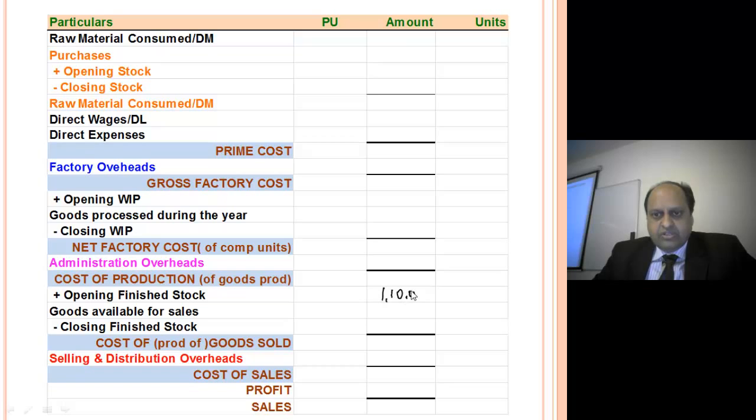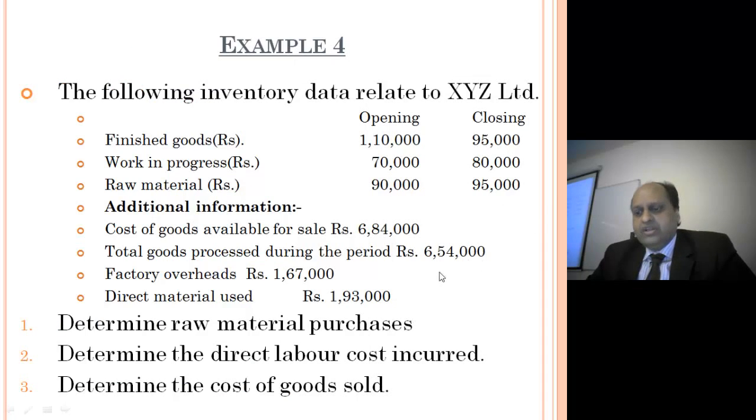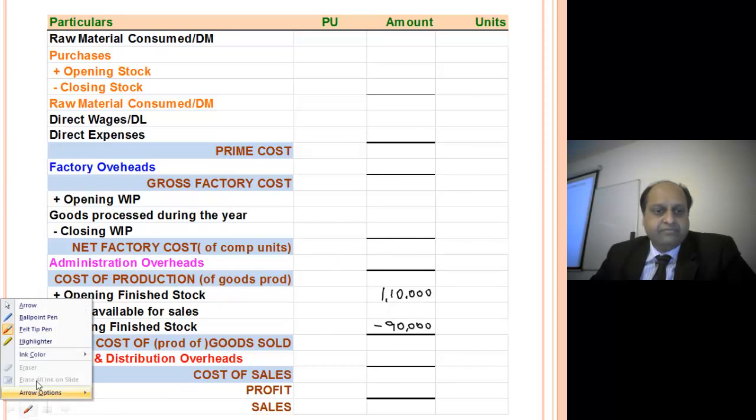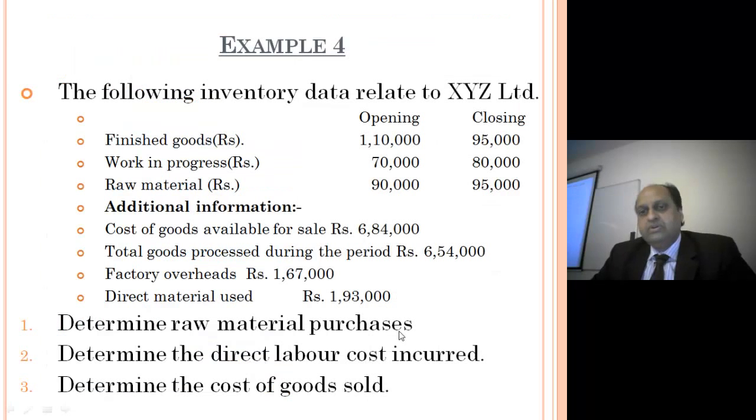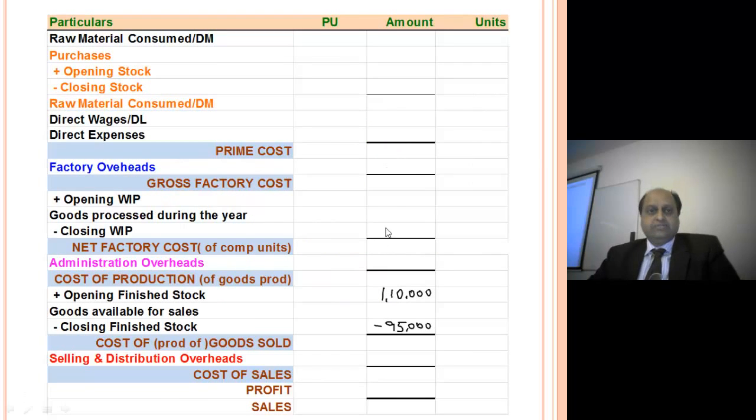One lakh 10,000 and 95,000. Fine. Now, work in progress opening is 70 and closing is 80. So let us place the figures. 70 as opening and minus 80 as closing.